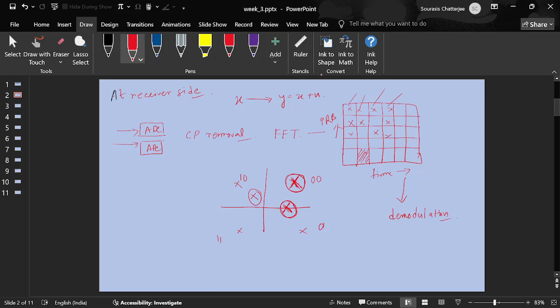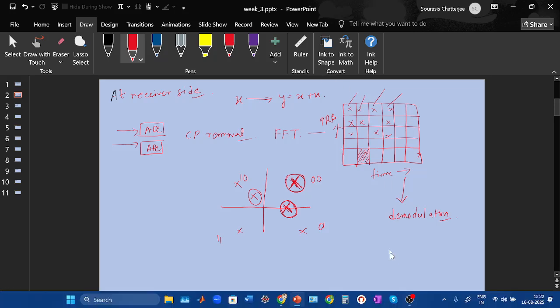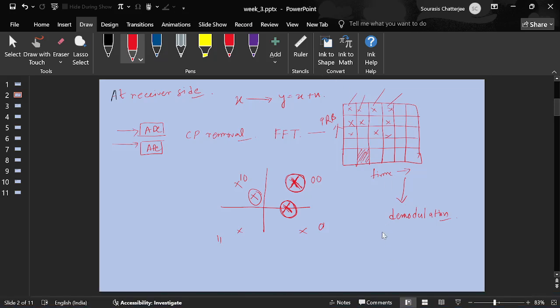What do we exactly do? At the receiver end I have to do something.